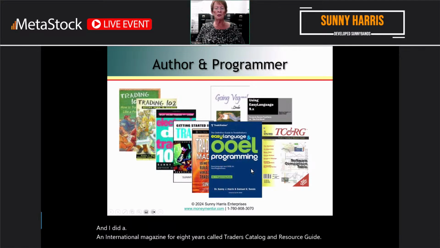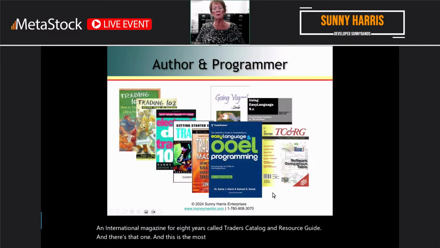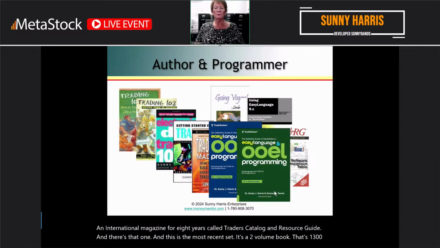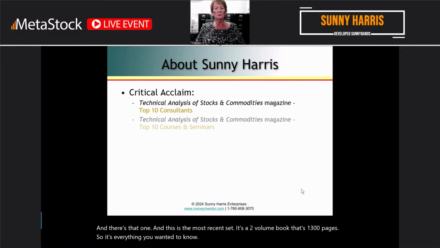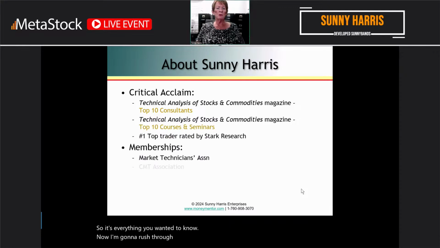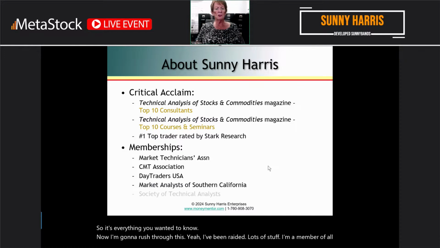And there's that one. And this is the most recent set. It's a 2-volume book that's 1,300 pages. So it's everything you wanted to know. Now I'm going to rush through this. Yeah, I've been rated lots of stuff. I'm a member of all the important societies.